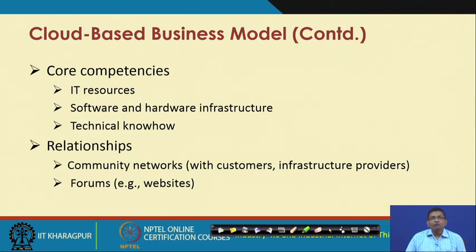And particularly in the cloud based model, most of the services are offered through websites, right. So, typically an end user can get infrastructure as a service with respect to some kind of a compute platform, certain units of RAM, certain units of CPU, certain units of storage, etc., these are offered through some kind of a subscription using a particular website. So, this is an important feature of the cloud based business model.